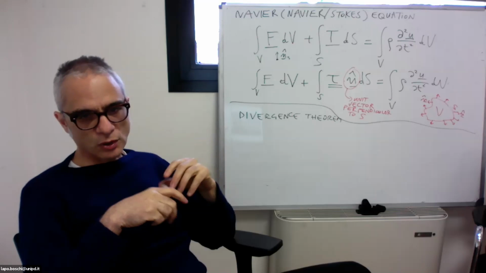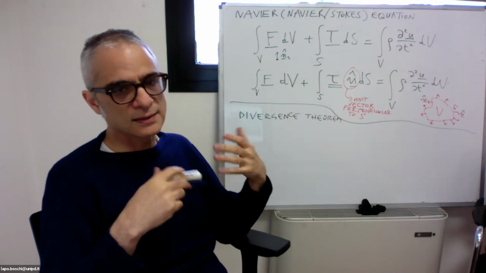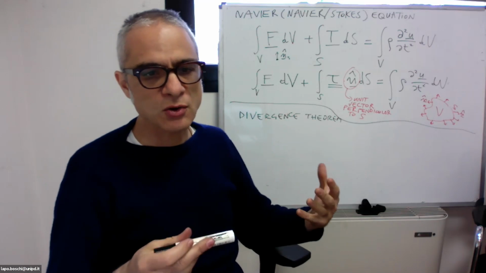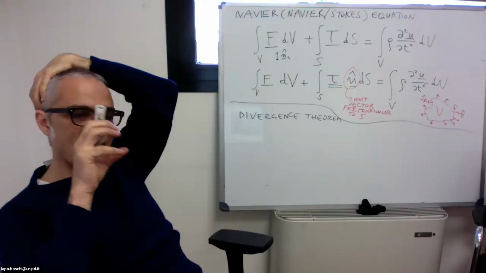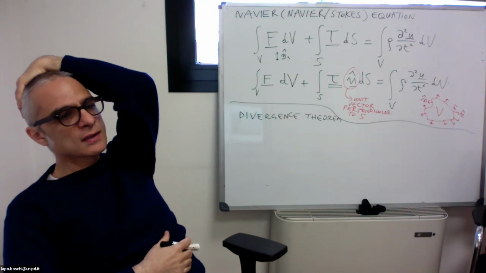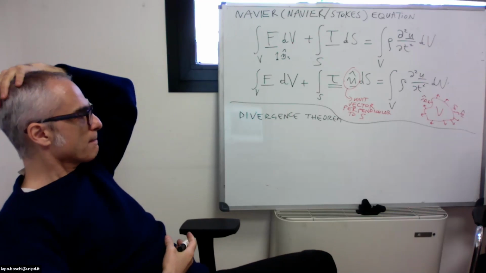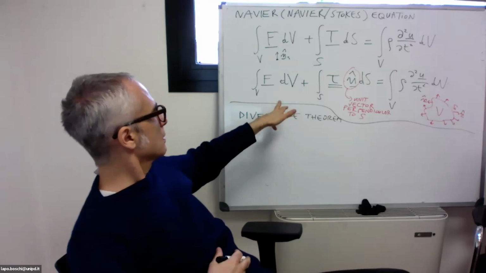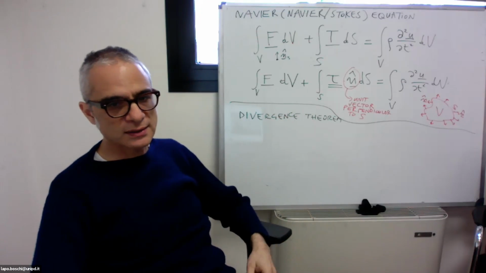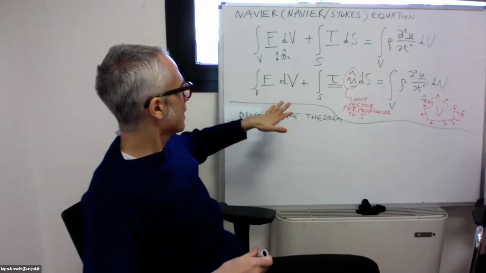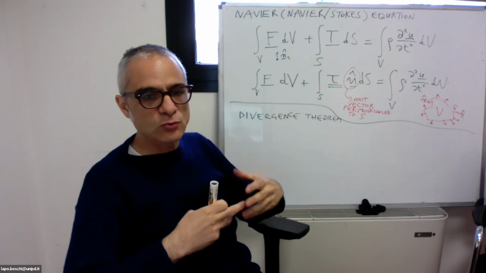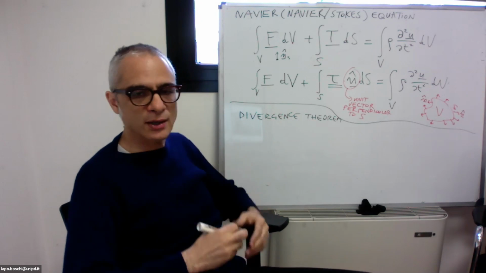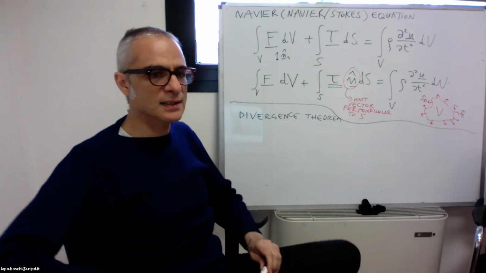Because ultimately what we want is not an integral, we want a differential equation that holds in every point of the medium. So to get that equation, as you will see in a minute, we want really to get rid of the integral and just have an integrand, the argument of the integral, that we will equate to 0.